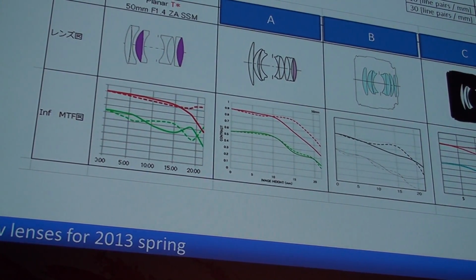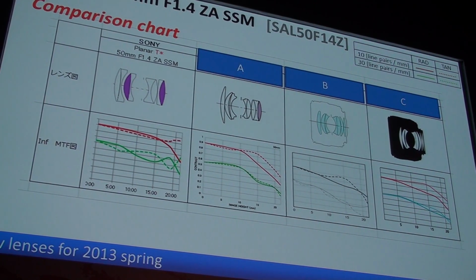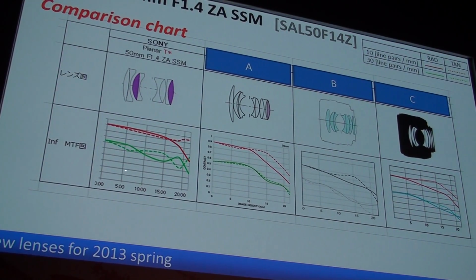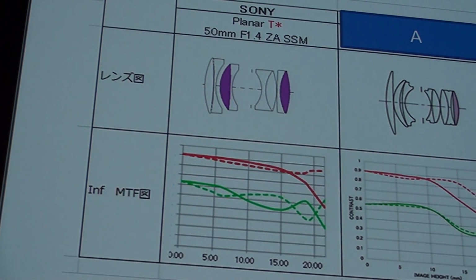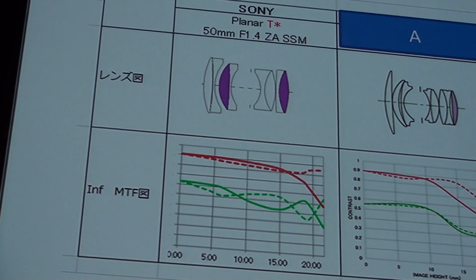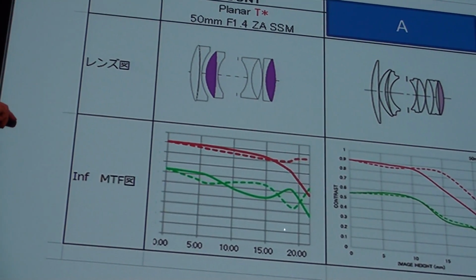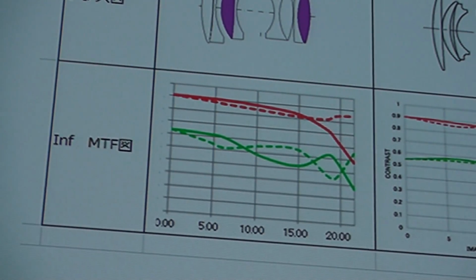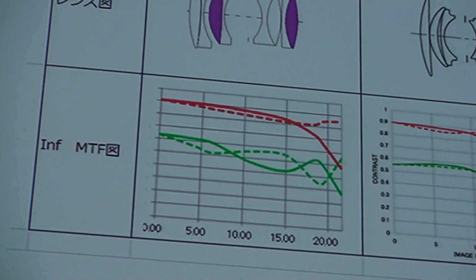Please see this slide. This slide shows the comparison chart between the competitors. Please see here. The current model is not good in this area, but this lens has high contrast in the medium area. And in the corner area, we can make it good compared to these lenses.